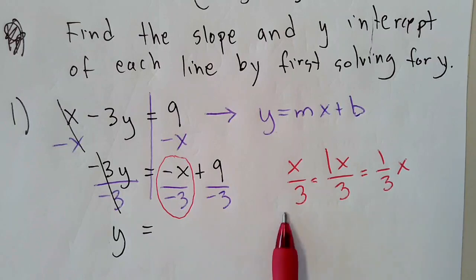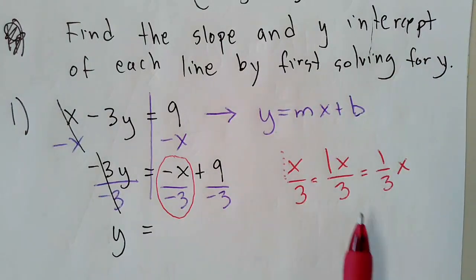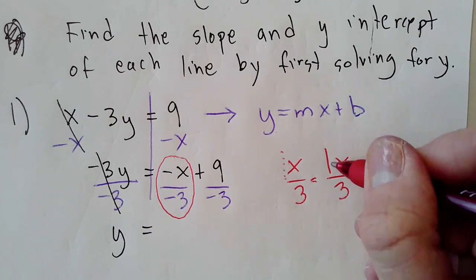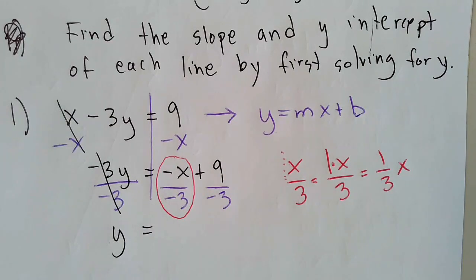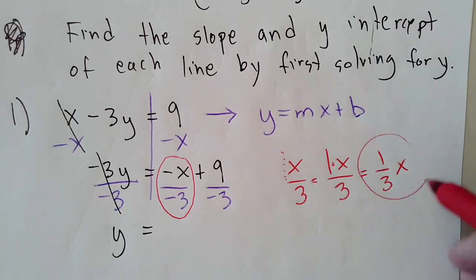So we have to understand x over 3, there's an invisible 1 in front of the x, which is the same as 1x over 3, which is the same as 1/3, because really we're just multiplying the 1 and the x on the top. Okay, same thing as multiplying the whole thing by the x. So this is what we want to write.